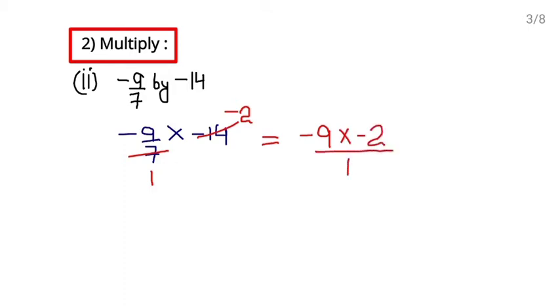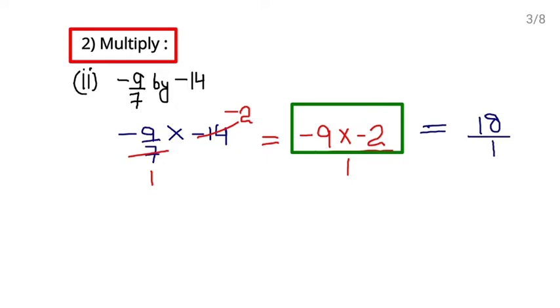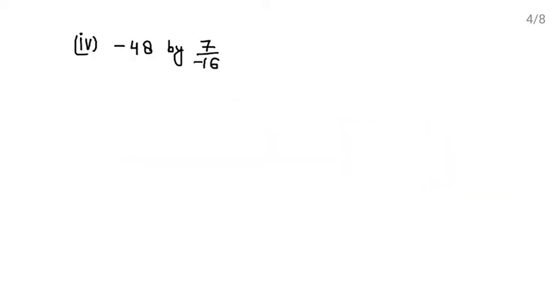Now if we multiply this minus 9 and minus 2, 9 twos are 18. And the minus sign is occurring an even number of times, so we will get plus, right? Because minus minus is plus. This is equal to 18 upon 1, which is also equal to 18. This is your answer.